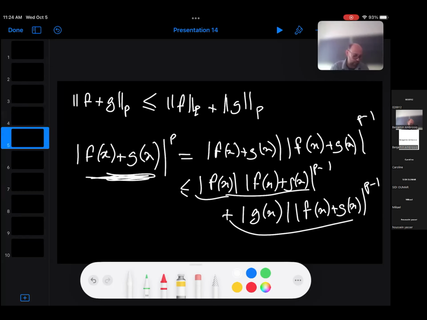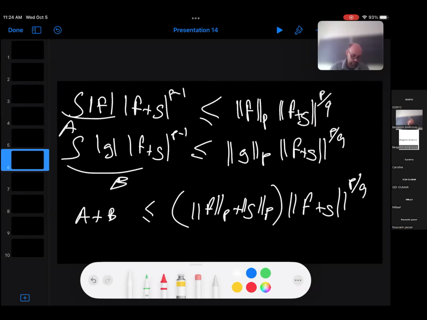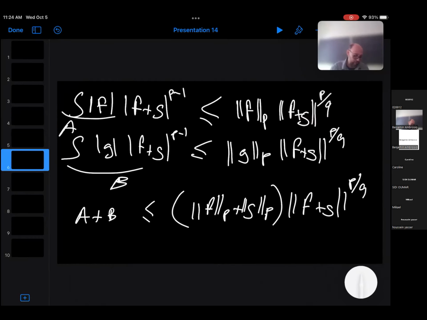So if I summarize what I have finally, it is that the integral of |f+g|^p, this is less than A plus B, and this is the same. So now I am going to divide this quantity by this one.